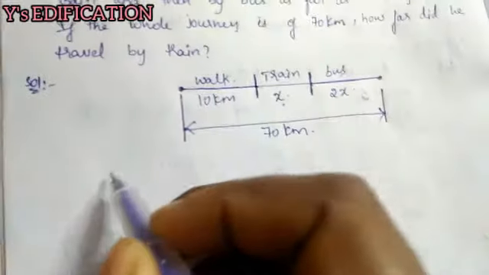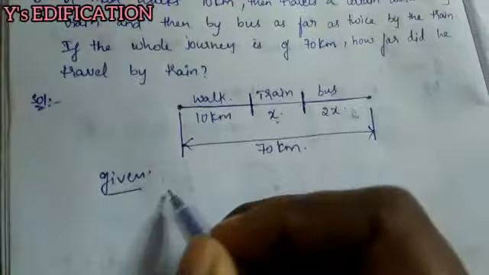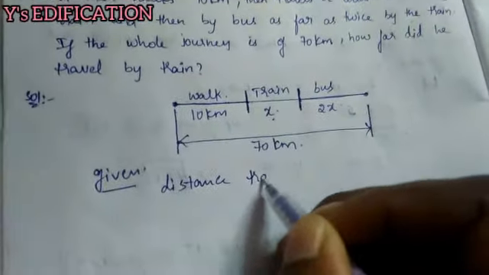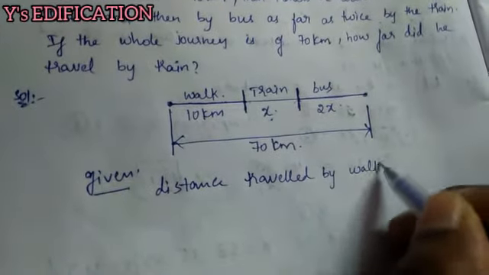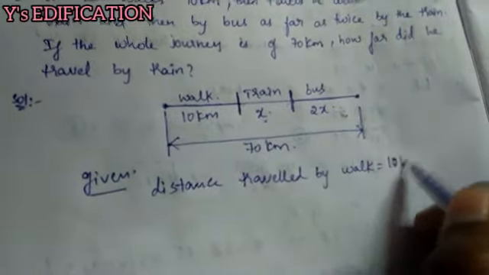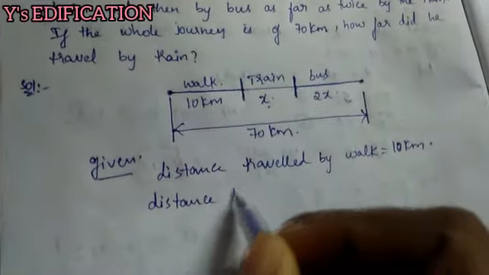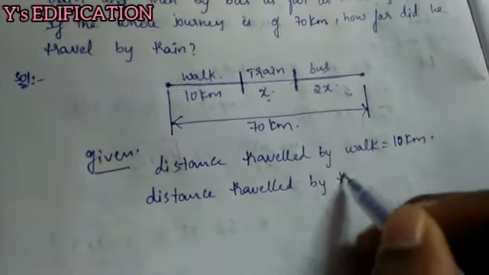So, given distances. Distance traveled by walk. How much did he travel by walking? 10 kilometers. Next, distance traveled by train.